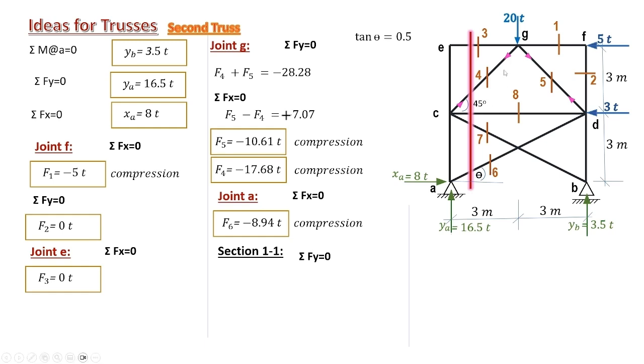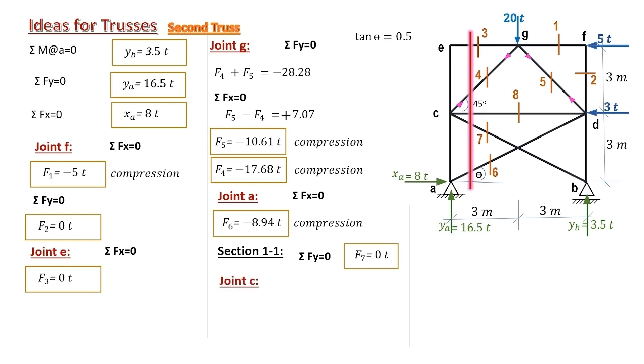We already computed member 4 from joint G, and we already computed member 6 from joint A. So we have the equation in the Y direction with the only unknown, the component of member 7 in the Y direction. This gives F7 equals 0.